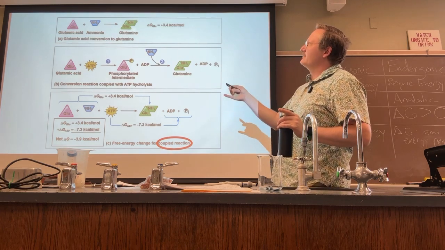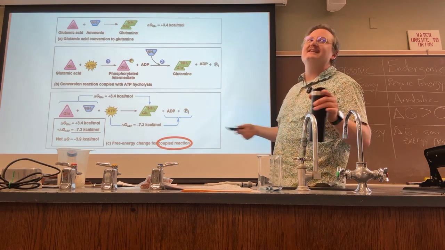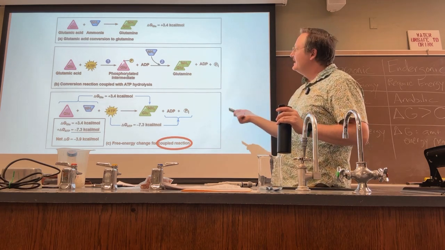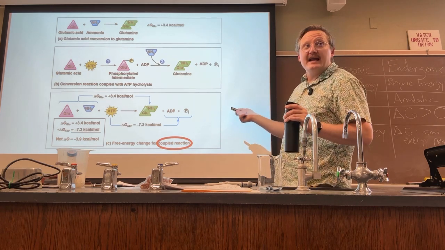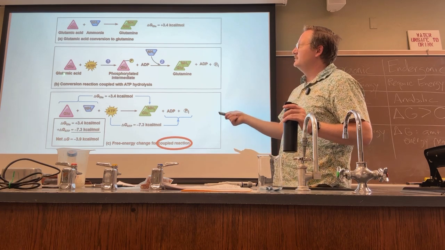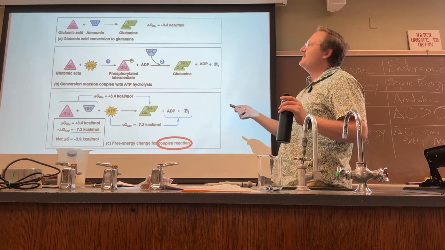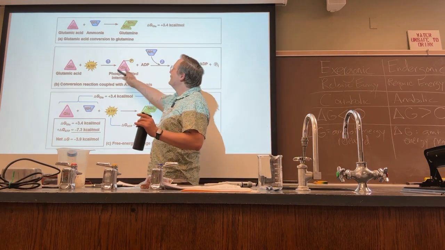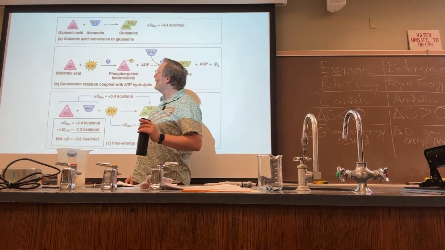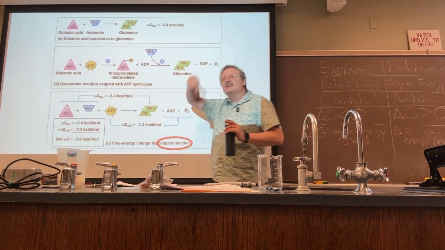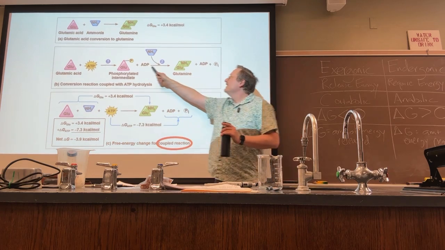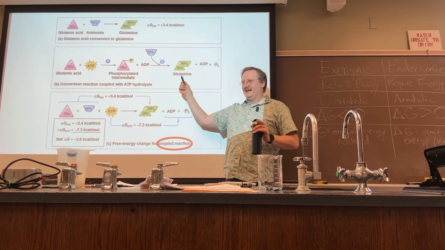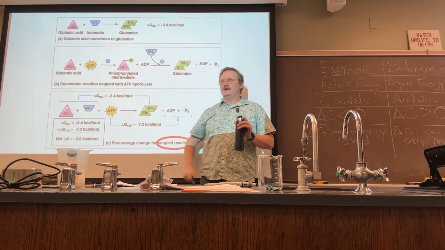All right? So check this out. To convert glutamic acid into glutamine, what happens in the system is first you hydrolyze the ATP, you slam that now inorganic phosphate group onto glutamic acid, and that temporarily stores the energy on the glutamic acid. Which means that now it's at a high energy state, and glutamine can be at a lower energy state, so this reaction's encouraged.